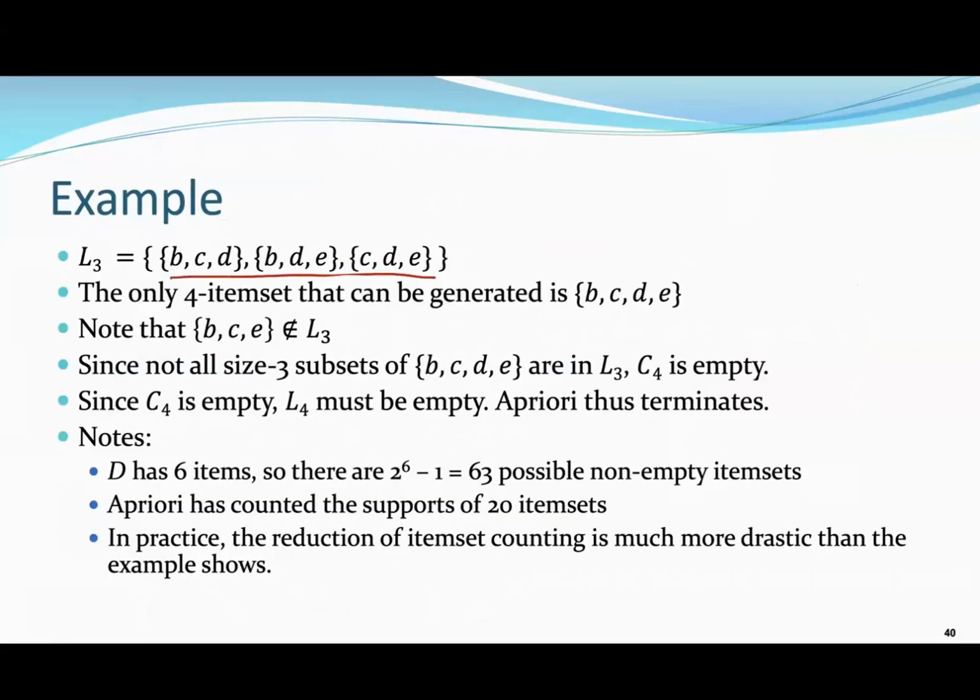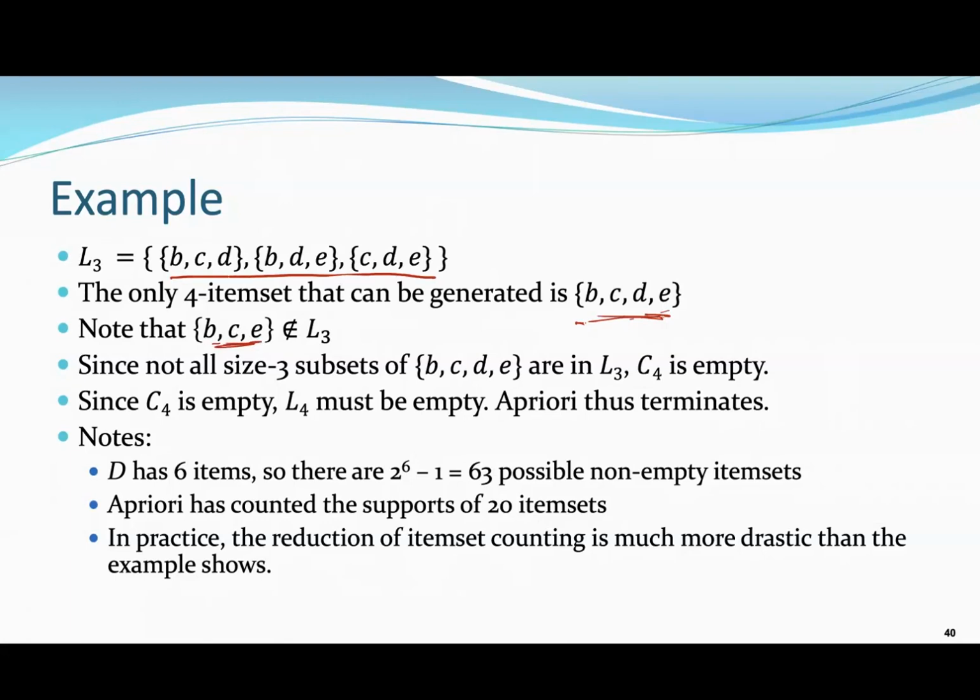If we take any 2 item sets from L3 and merge them, we'll find that, in this case, the only thing that we can generate is BCDE, right? So we have to consider whether BCDE should be put into C4 or not. And so we need to check all of its size 3 subsets to see whether they are all in L3. In this case, we find that BCE, which is a size 3 subset of BCDE, is not in L3, it's not frequent.